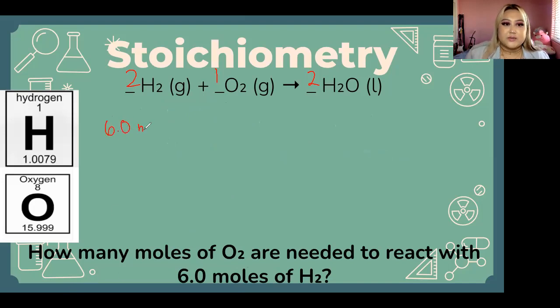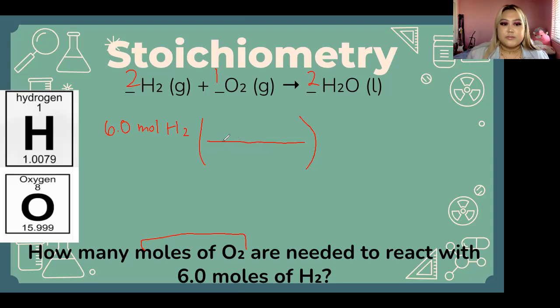So going back to 6 moles of H2, and we want moles of O2. So what do we do? What's our unit conversion factor? Did you use the formula for the mole ratio?